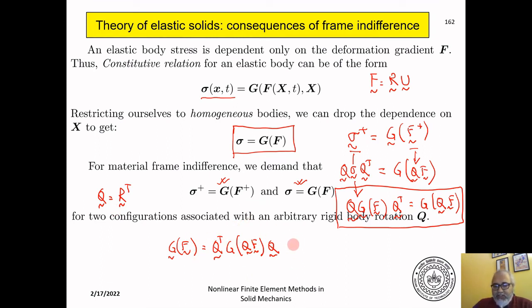So if I take Q to be R transpose, then I get R, Q transpose is R, G is of R transpose F, and then we have R transpose here. So this R transpose F is U, and then we have R, G of U, R transpose.